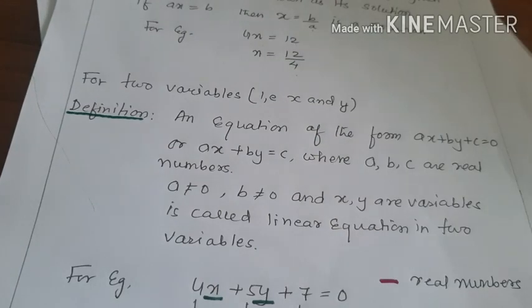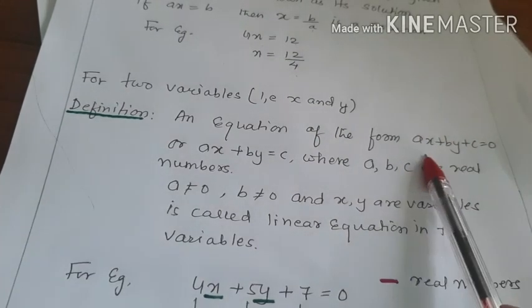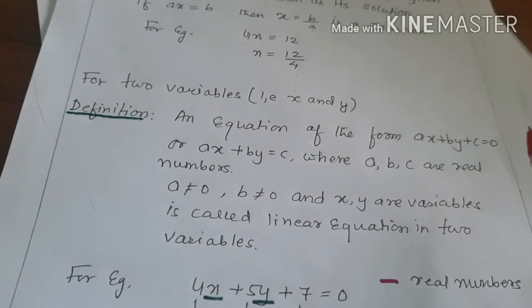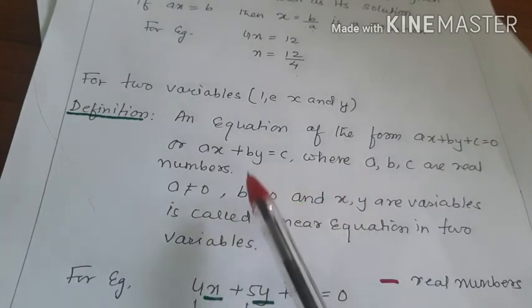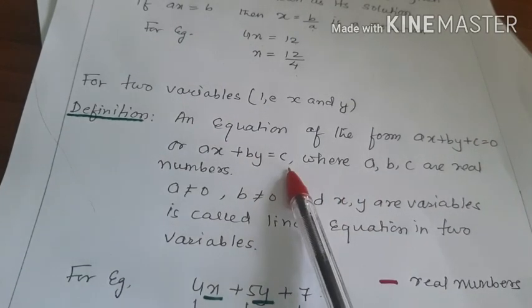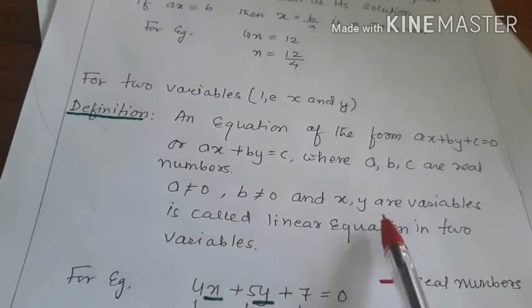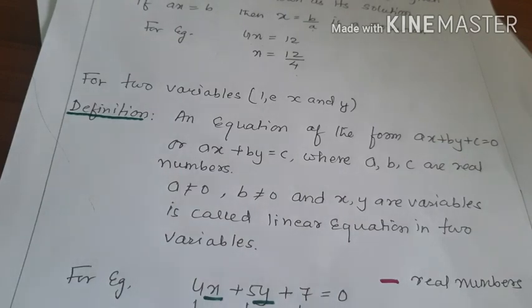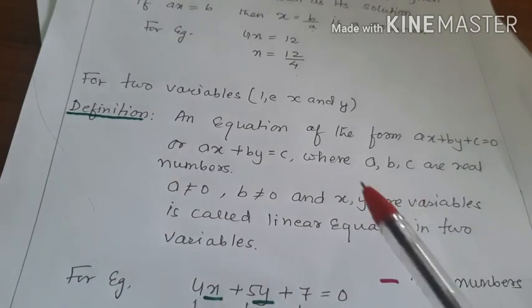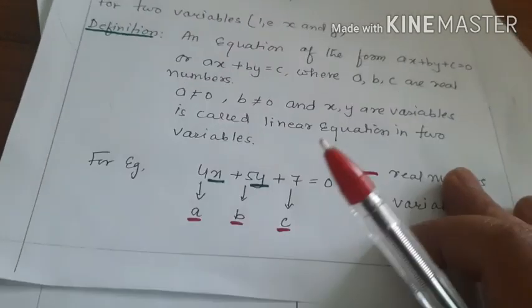But right here what we have is ax plus by plus c equals 0, or ax plus by equals c, where a, b, c are real numbers. And a should not be equal to 0 and b also should not be equal to 0, where x and y are variables. So there are two variables. That is why we call this a linear equation in two variables.